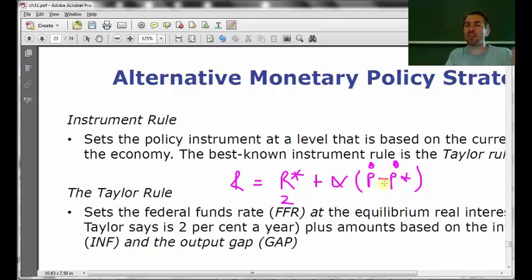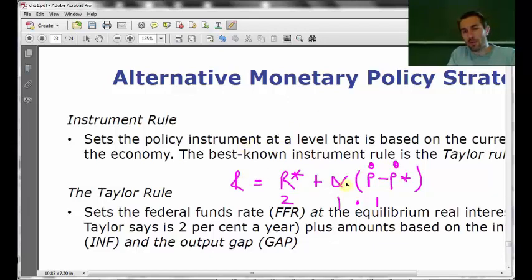So let's say the inflation rate is 1% higher than what we want, than the long-run equilibrium. And let's say that we make this coefficient, alpha, 1. Then what should our interest rate be now? 2% plus 1%. So make the interest rate now 3%.